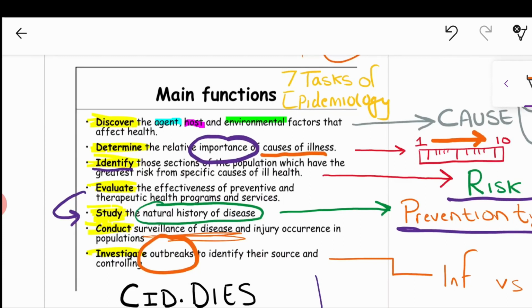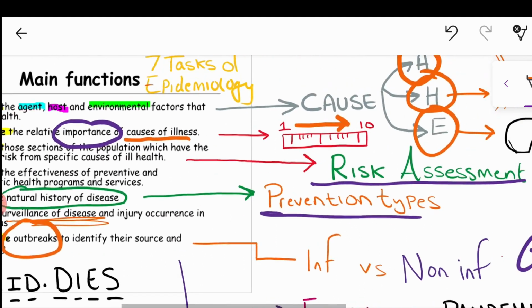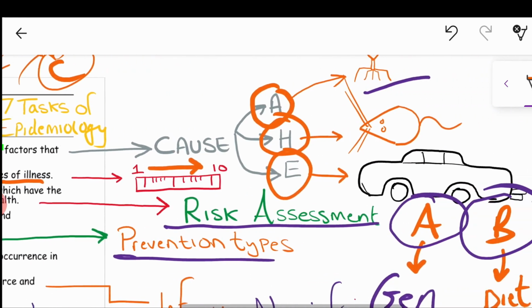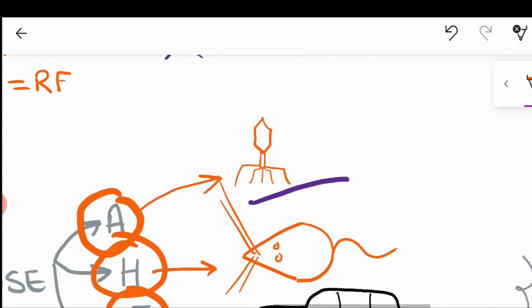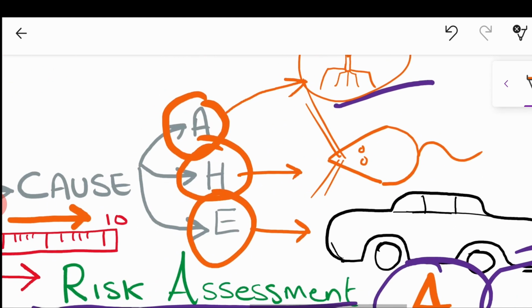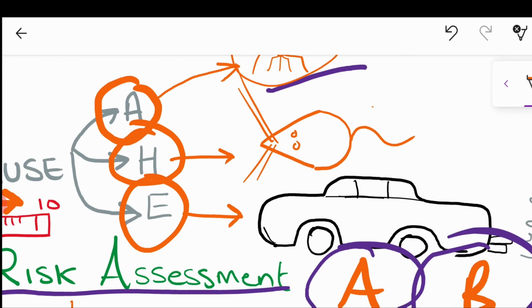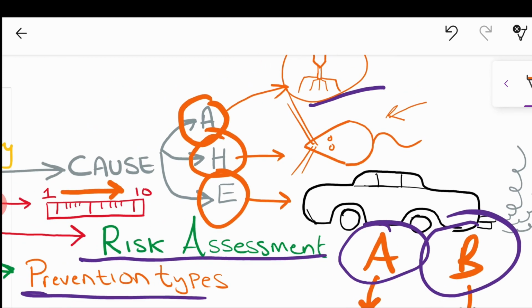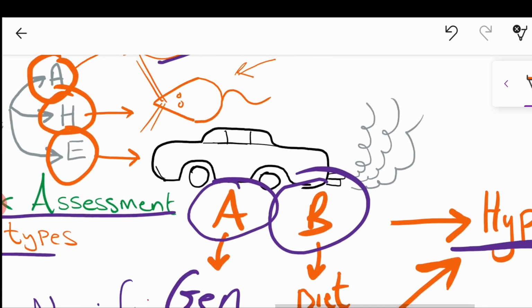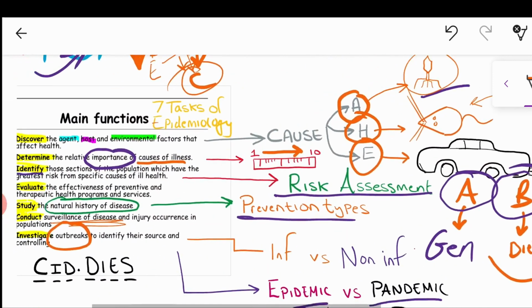So with epidemiology, we have 7 tasks, first of which is discovery. So here we're discovering the risk factors, and it can be A for agent, it can be a virus or some other pathological agent, H for host. It can be from a certain population, such as rats, and E for environment, such as pollution.